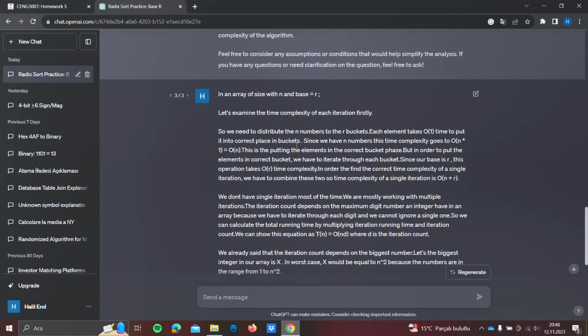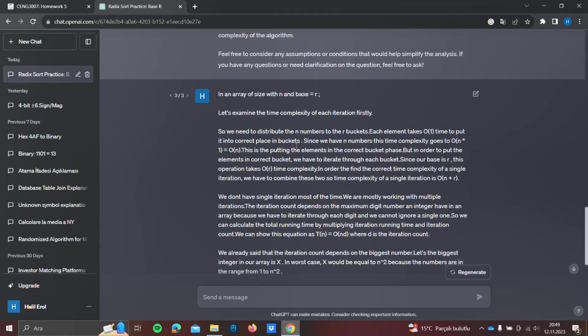But in order to put the elements in the correct bucket, we have to iterate through the buckets to find the corresponding bucket. For example, let's say our number is 89, and we are looking at the least significant digit. The least significant digit in 89 is 9, which is the rightmost digit in the number. So we are putting the 9 in the correct bucket.